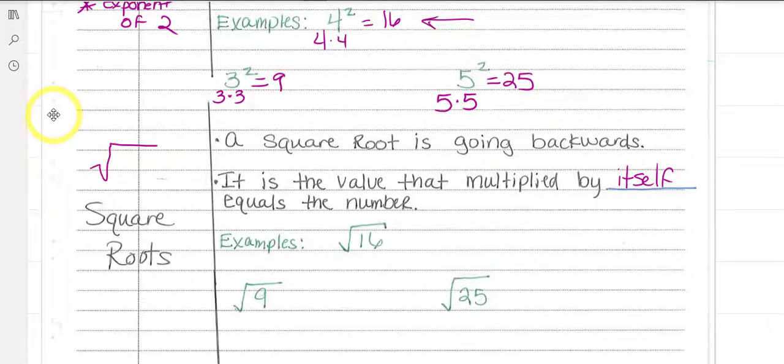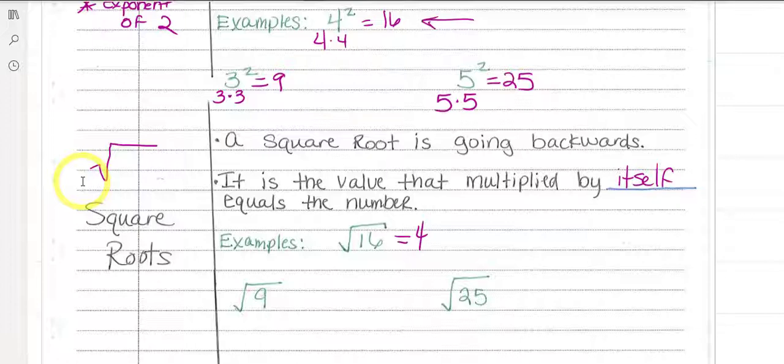Now the question being asked is, what is the square root of 16? You have to ask yourself, what number can you multiply times itself to equal 16? And we did that up here. It's 4. So the square root of 16 is going to equal 4 because 4 times 4 equals 16.